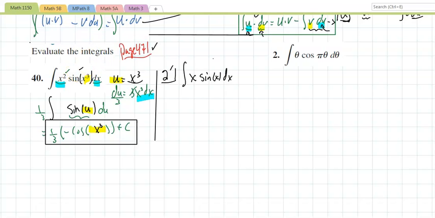Well, here I would think of, well, let's see, if I let u equal the angle, du is dx, this is the integral of, and let's see how this works. That would be the sine of u, and dx is really du.